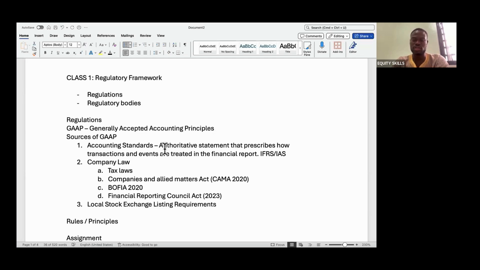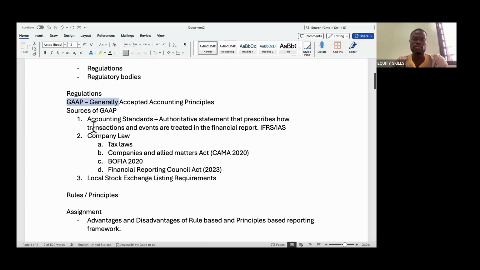So the class 1 we looked at yesterday on regulatory framework basically focused on regulations that govern reporting and also the regulatory bodies. The regulation that governs reporting, I told you, is GAAP, which is generally accepted accounting principles.